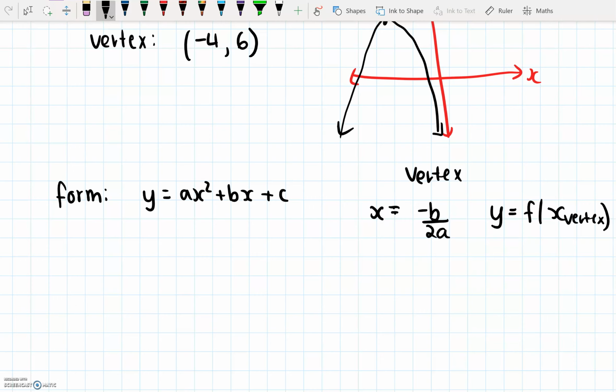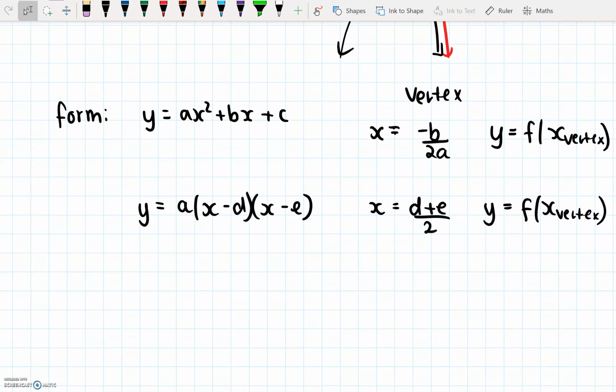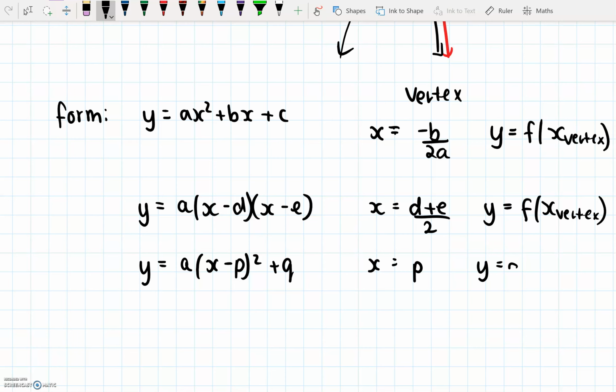If we have a form of y = a(x - d)(x - e), then the x of the vertex is just the average of d and e, so (d + e)/2, and the y is the function of the x vertex. And if we have y = a(x - p)^2 + q, then the x is just p, and the y is just q.